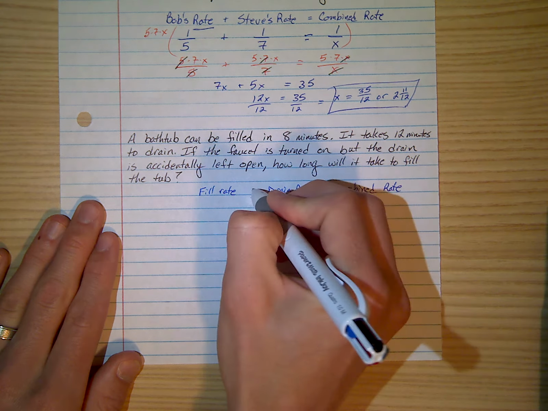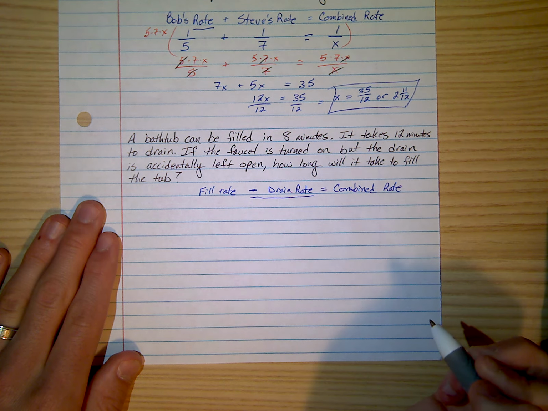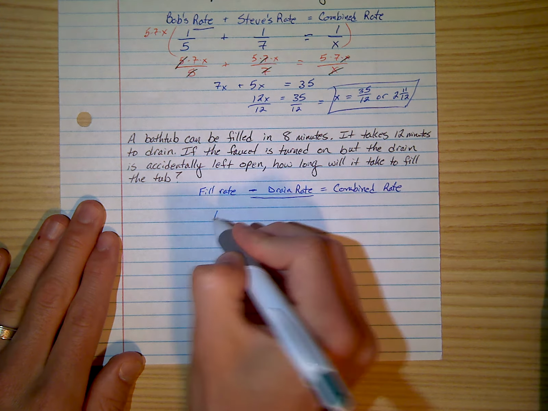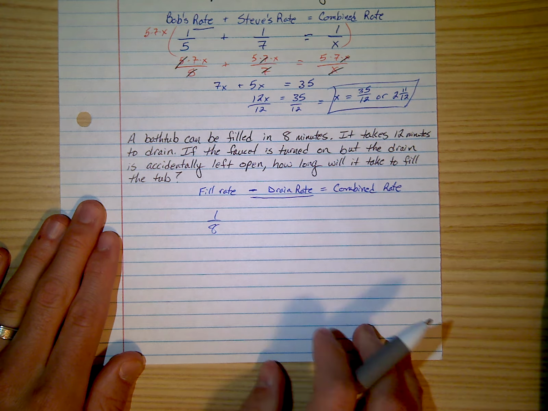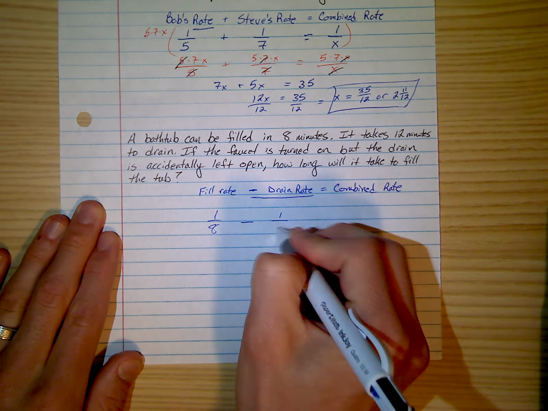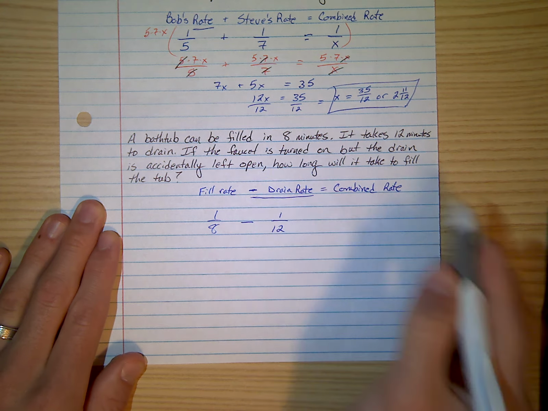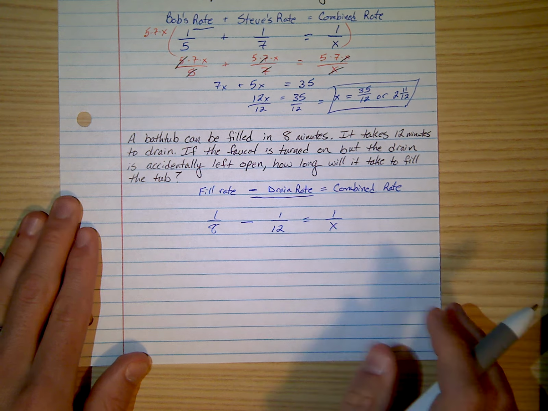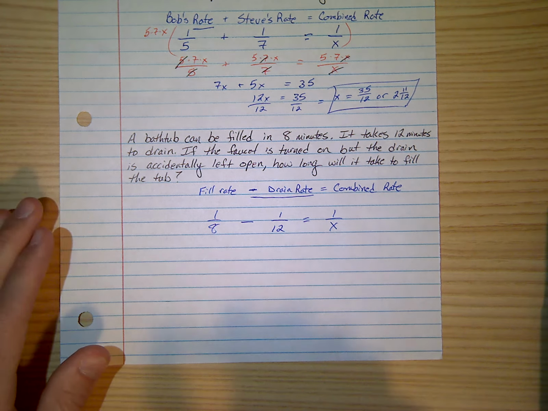It's going down. So we actually are going to subtract the drain rate from it. So our fill rate, the bathtub is being filled, 1/8 of the tub is filled every minute. 1/12 of the tub is drained every minute. So 1/8 minus 1/12 is going to equal that combined rate of 1 over x. Same process as we did on the last problem.